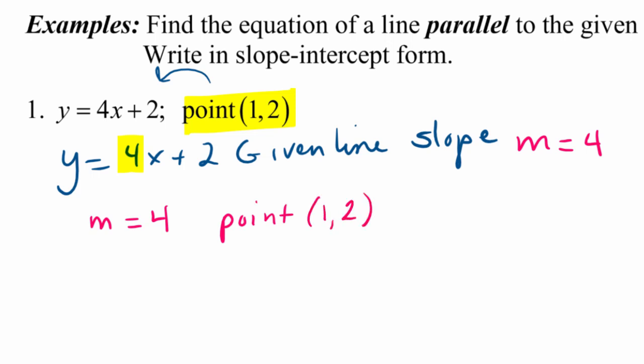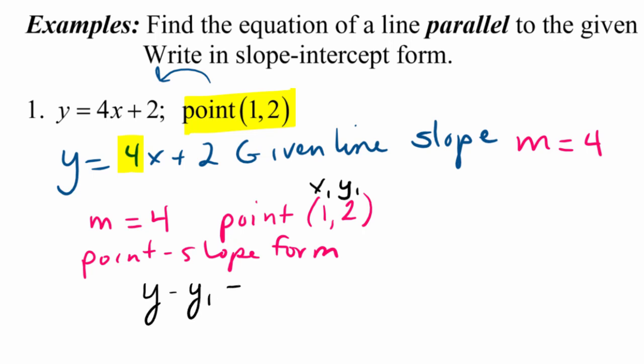So what method do we use to find the equation of a line if we know the slope and one point? If you said point-slope form, that is a good strategy. So let's remind ourselves. Let's label x1, y1 here, and then our point-slope form, which is y minus y1 equals m times (x minus x1).